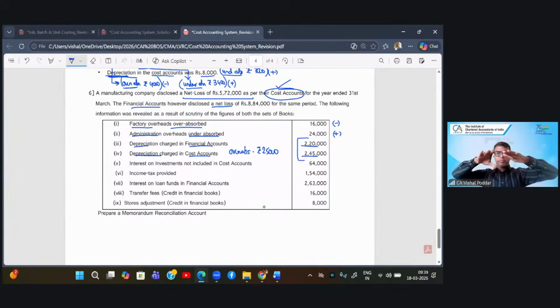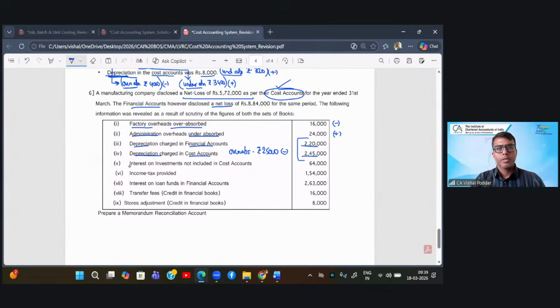Now again, these are my losses. What is the effect if expenses are more? Because over absorption means expenses more in your costing books. So my costing loss is higher. I'm standing here, I have to come down, so I will subtract. So this difference has to be subtracted.